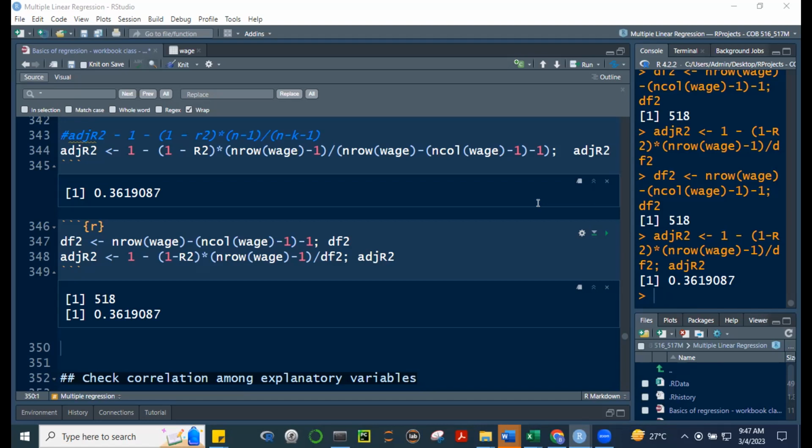We do not fall into the trap of the more predictors the better. Because you may have 100 predictors, the R squared will definitely be higher compared to a model with only 5 predictors. But we don't look at the R squared. We look at the adjusted R squared.